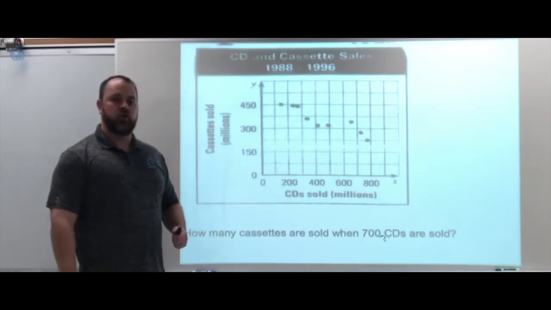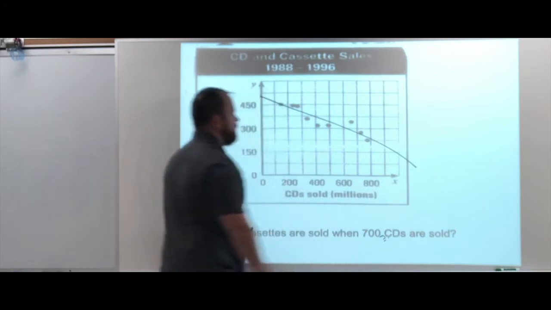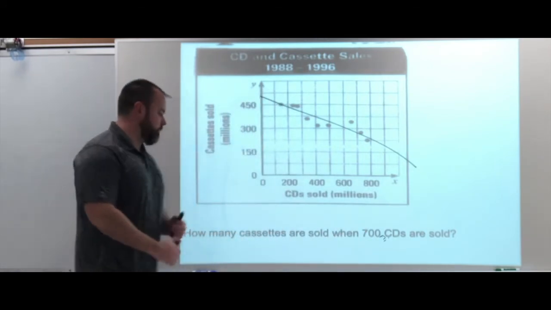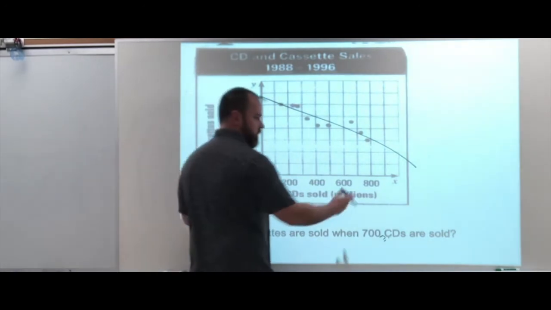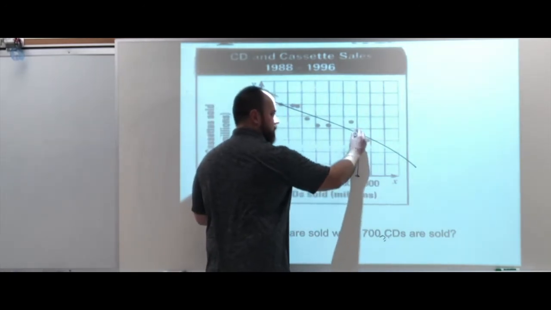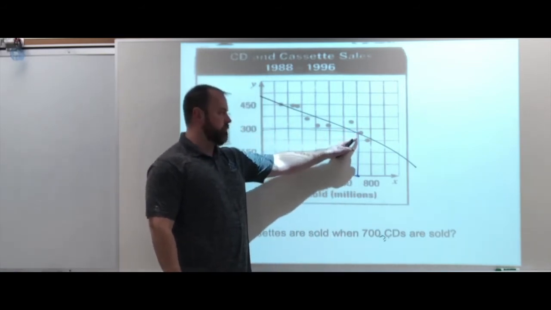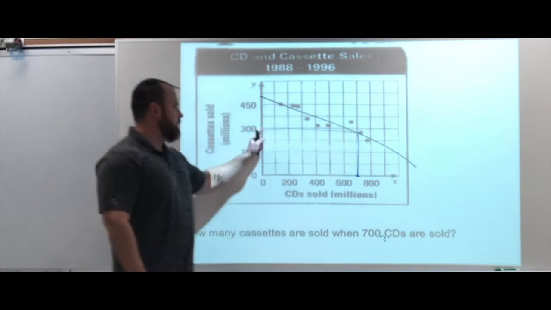So again, I'm going to draw my line of best fit. There's our line of best fit, or again, as good as I can do up here on the board. And I'm going to go to 700 million, up, and over. And you're going to the line, not a point. Some people will stop if they hit a point first. Make sure you go up to the line and then over.